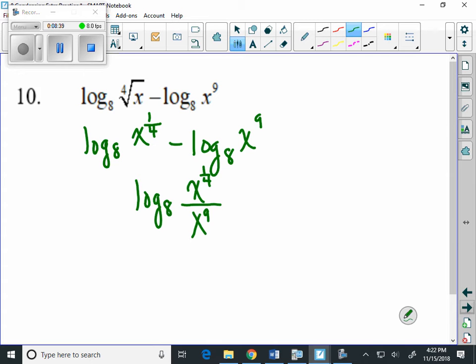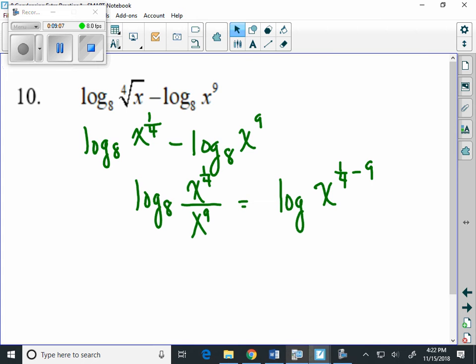And we can simplify that more. So remember, when we divide, we subtract exponents. And Mrs. Krause might do this just slightly different, but I like to subtract the top minus the bottom. So 1/4 minus 9 to combine. X to the 1/4 divided by x to the 9 means the same thing as x to the 1/4 minus 9.